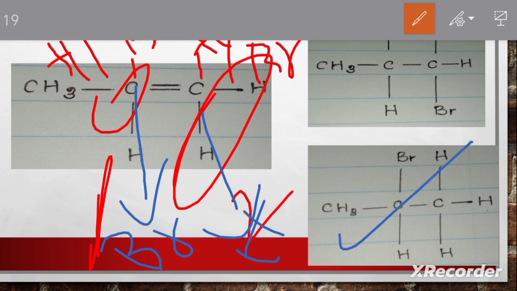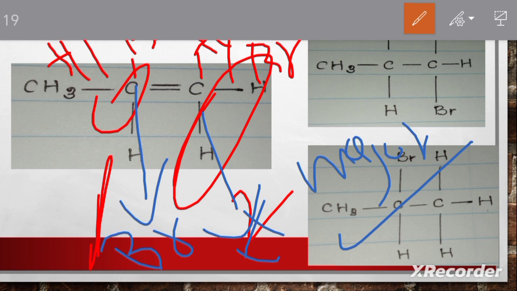That product is mentioned here. We call this the major product, and we have to use this major product in organic conversions. So what is the rule? We have to add hydrogen to the adjacent carbon containing more hydrogen.